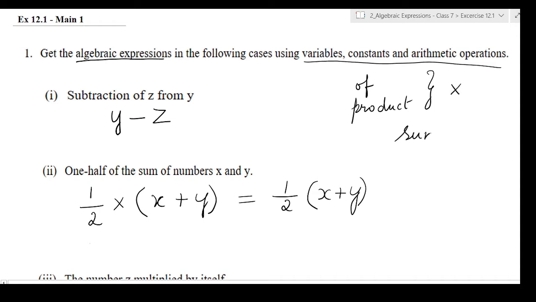If they give you sum, that means plus, you are going to add it. So half of the sum of numbers x and y is 1/2 into x plus y.